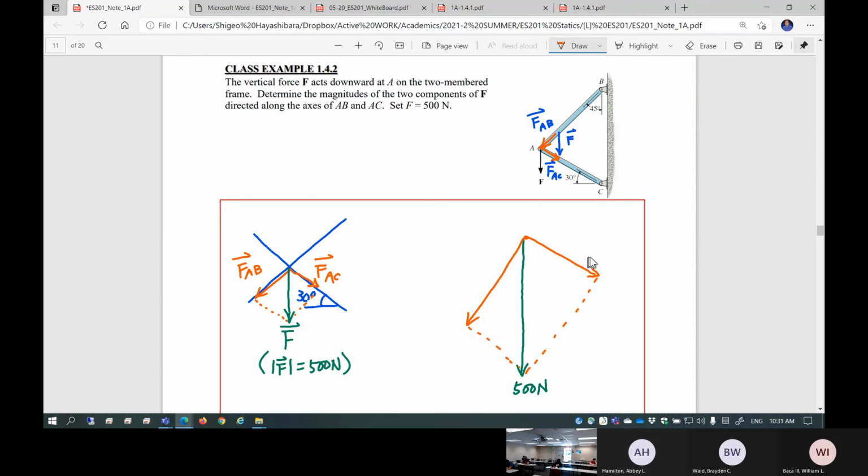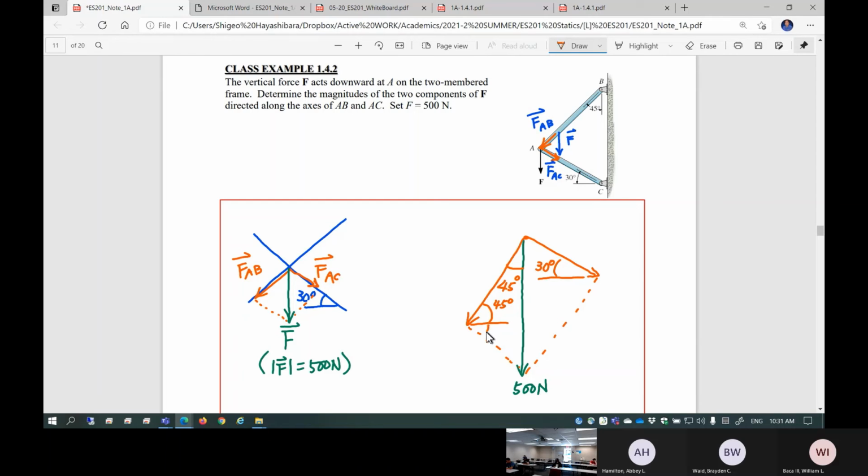Here we go. And one thing I know, the angle here is 30 degrees. And also, this is 45. It doesn't look like 45, but it is 45. So if you draw a horizontal line here, you can say this is also 45.